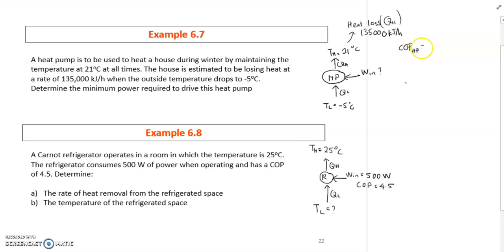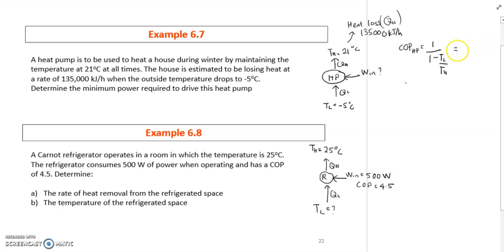COP of heat pump is equal to 1 minus TL over TH, all inverted: 1 over (1 minus TL over TH). So you plug in your TL as -5 plus 273 and your TH is 21 plus 273.